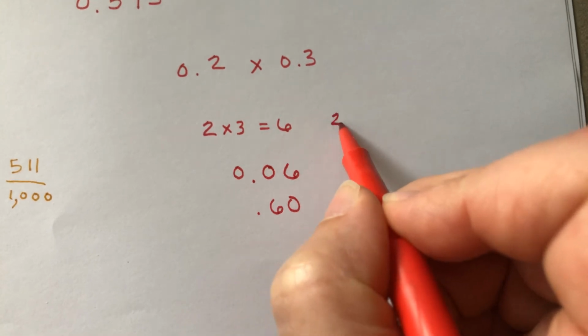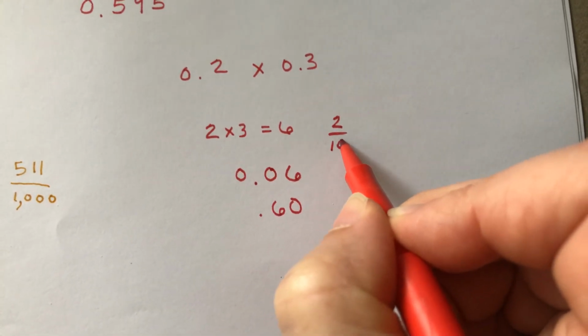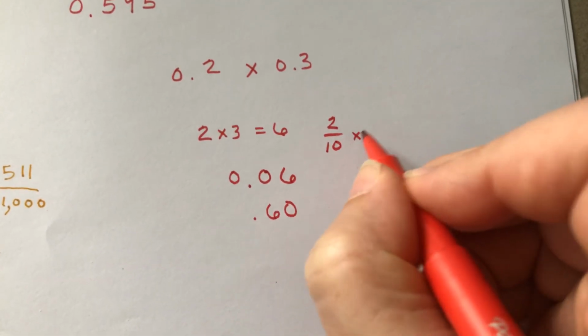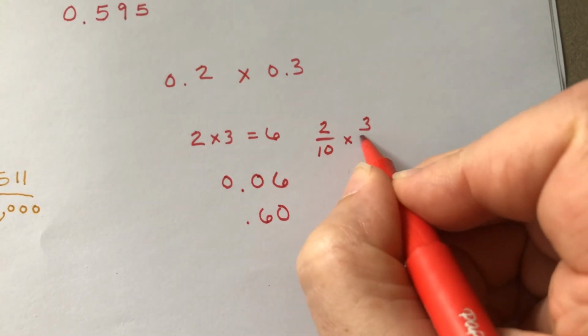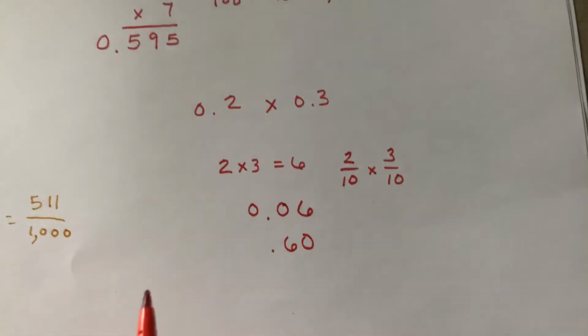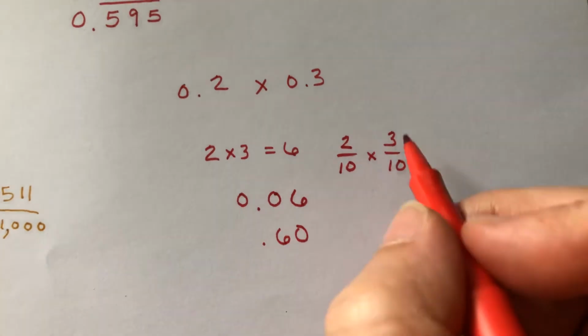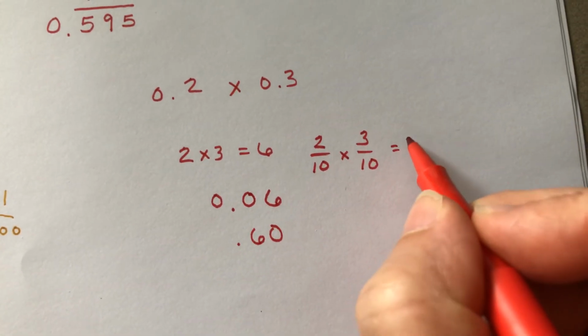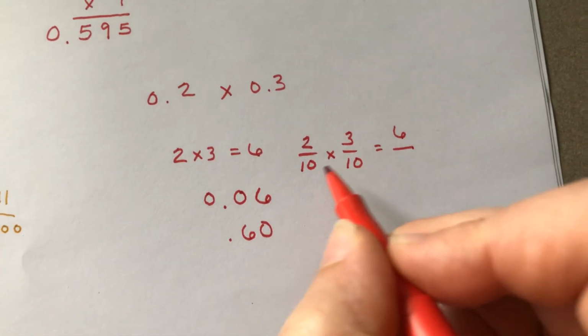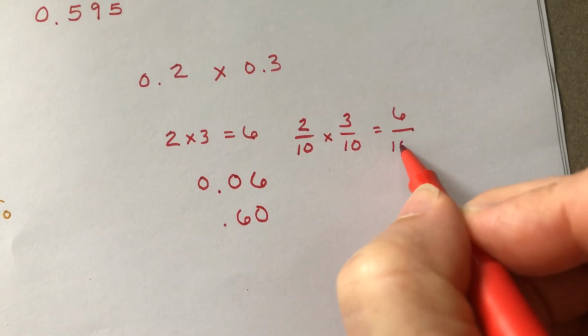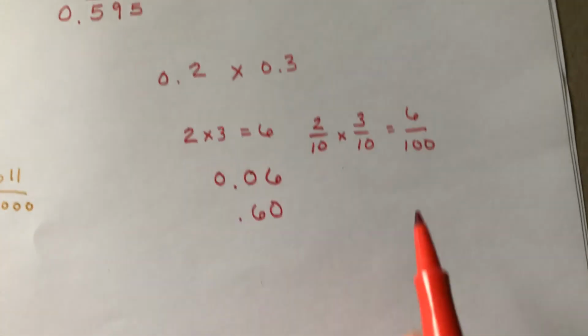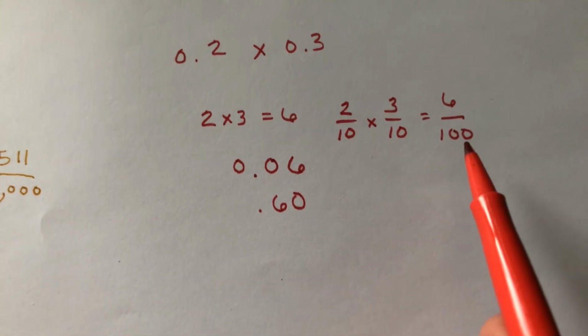So if I write 2/10 times 3/10, that makes it easy for me to understand because I know 2 times 3 equals 6. And 10 times 10 equals 100. So it has to be 6/100ths.